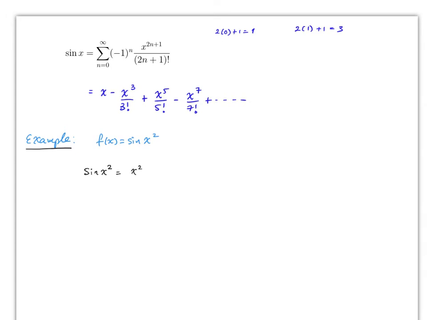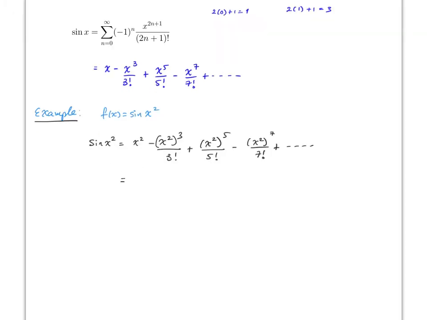This will be x squared minus x squared cubed over 3 factorial plus x squared to the 5th over 5 factorial minus x squared to the 7th over 7 factorial, and it just keeps going forever.